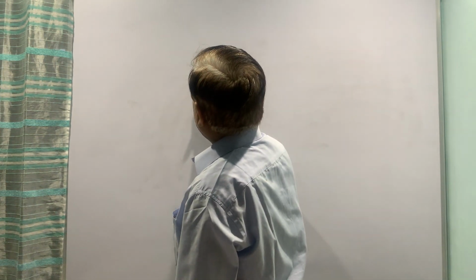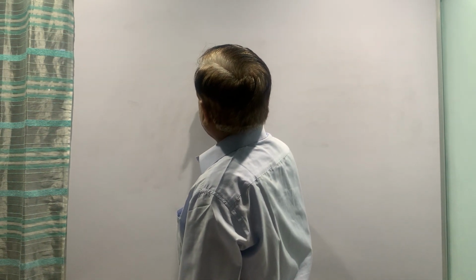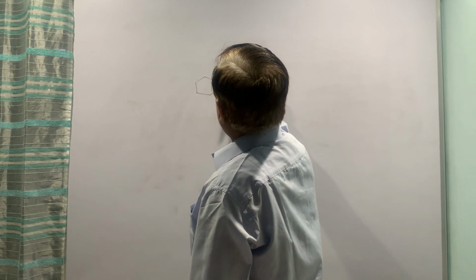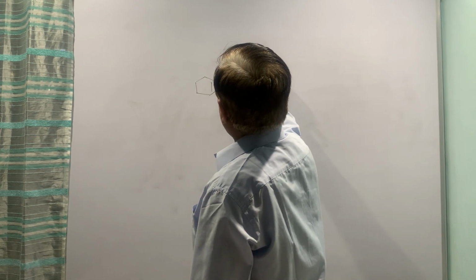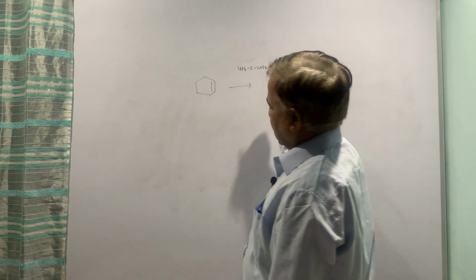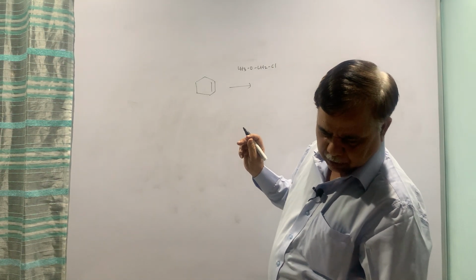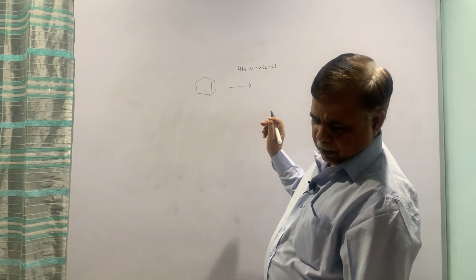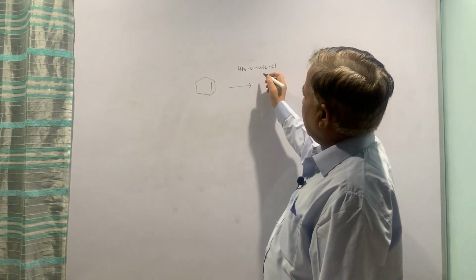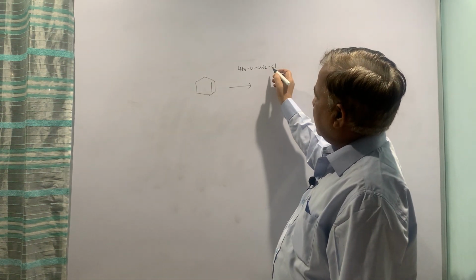Of course, in the practice session we'll see some more examples, but to begin with we have to see a few. So CH3O, CH2, Cl, and then this is treated with base.